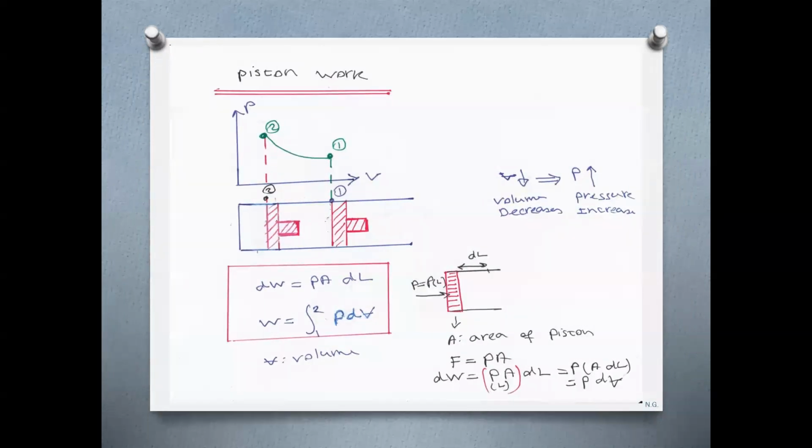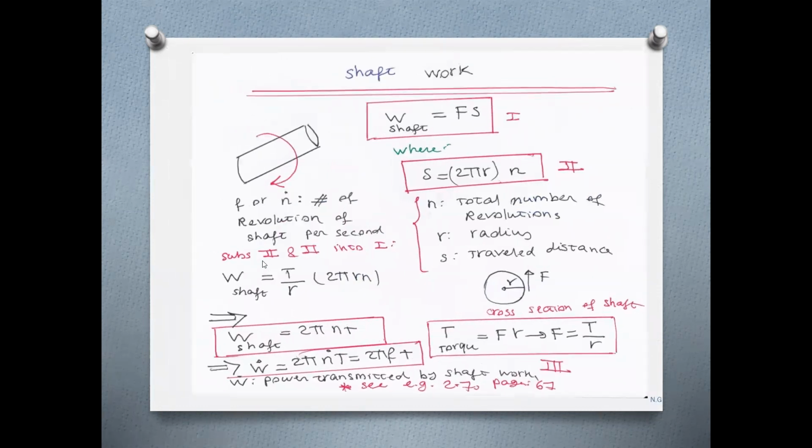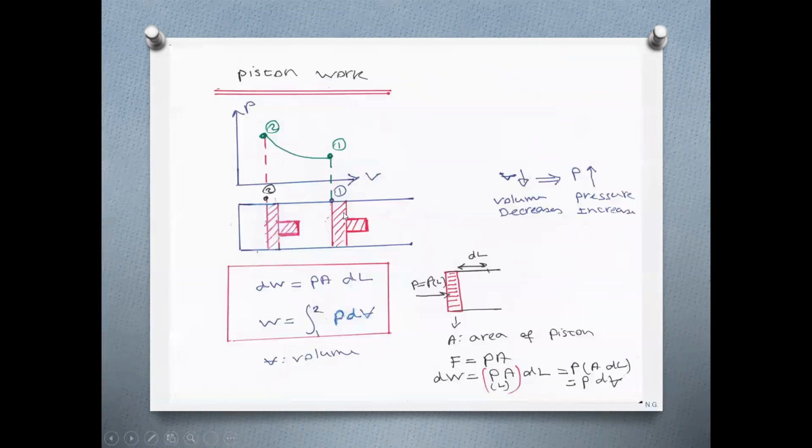Now we get to another type of work, which is piston work. If there is a piston cylinder, we want to see how we can calculate the boundary work, or the piston work. In this example, we assume that this is a piston cylinder, and we are at state 1. I also show it in this PV diagram, pressure of, let's say, the air inside, and volume or specific volume.